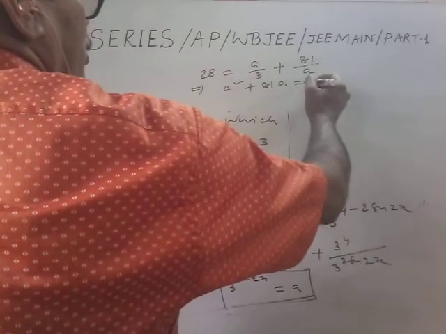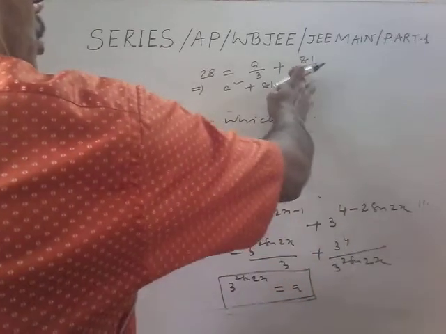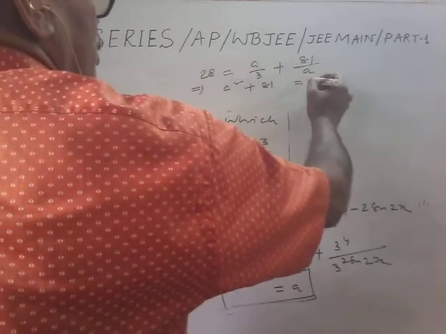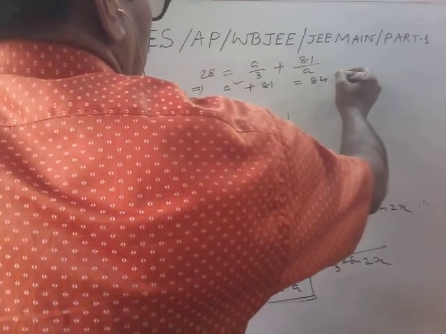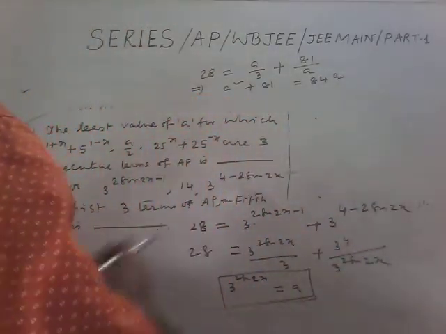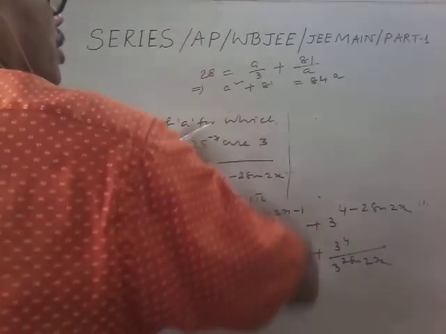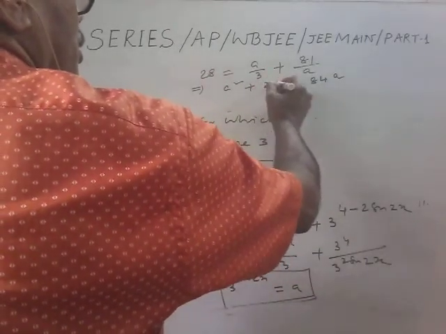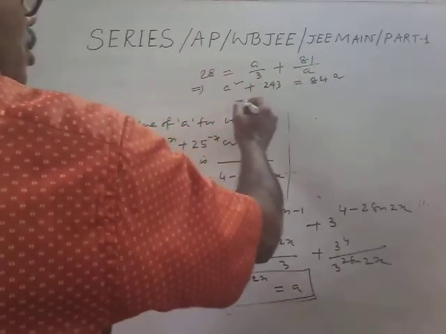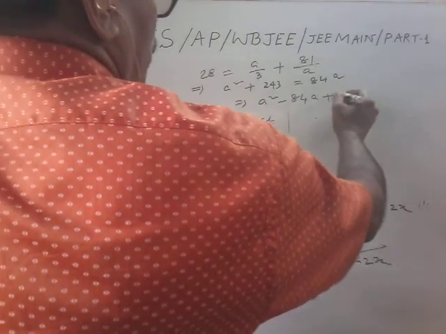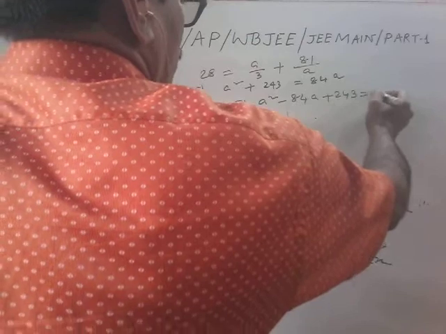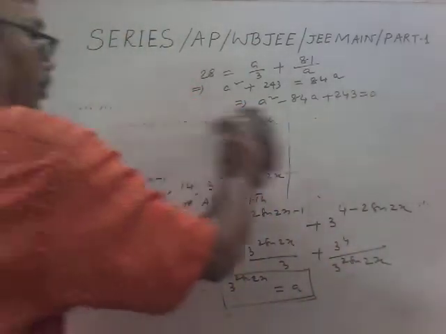So this is a square plus 81, 84a. 28 into this, and this is 243. So if you simplify, a square minus 84a plus 243 equals 0.